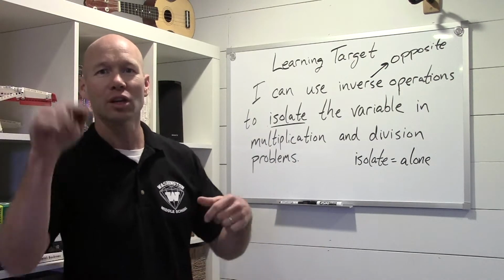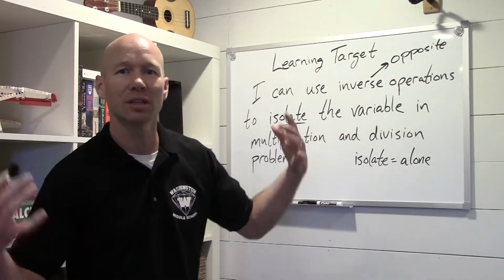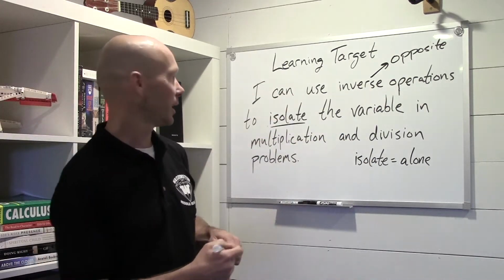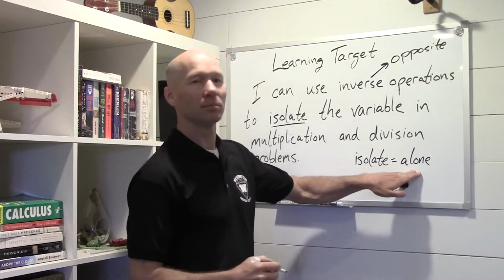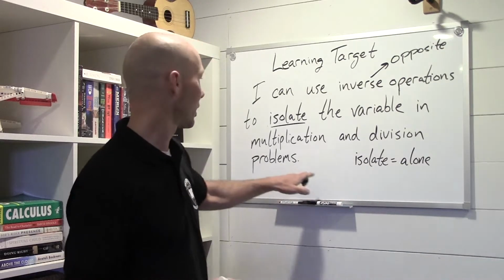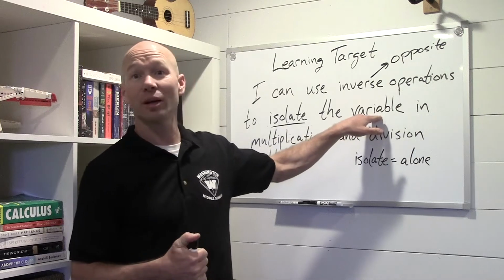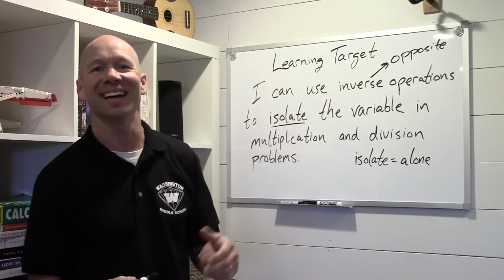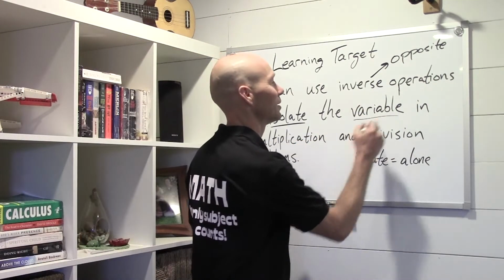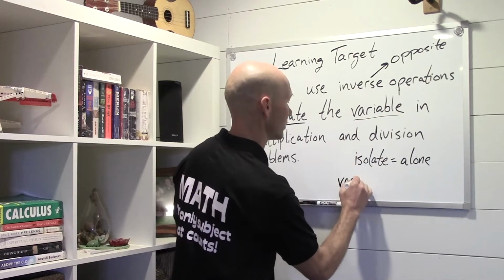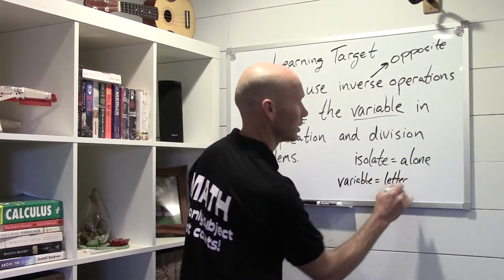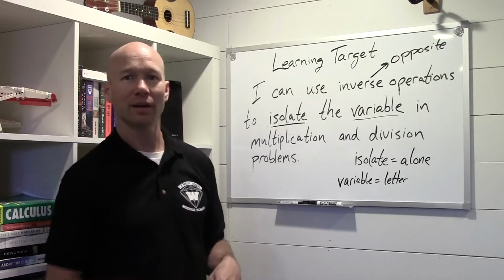I am in my house. You are in your house. We are not together because we are isolated. Isolate means alone, by ourselves. And what does a variable mean? It's just a letter that represents a number.